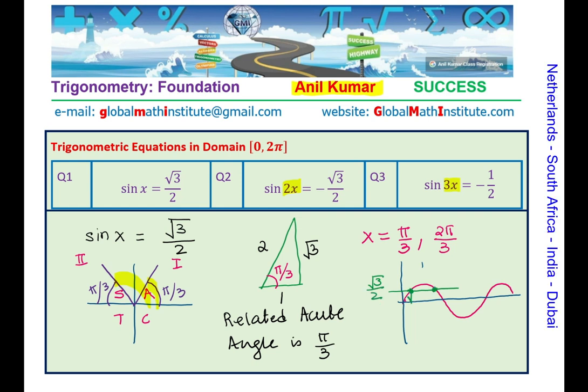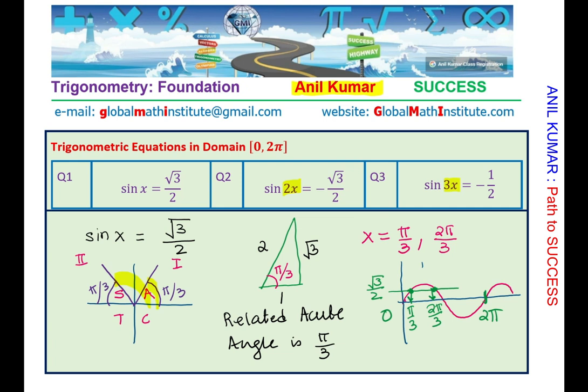Those two are the solutions for the sine wave from 0 to 2 pi. So you can clearly visualize that the first two quadrants and the values pi by 3 and 2 pi by 3 will provide you the right solution. Perfect. So that was easy.